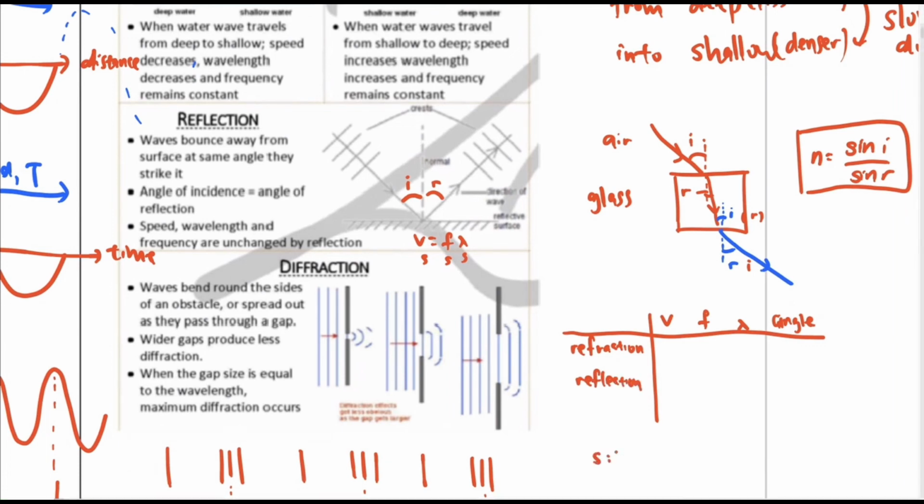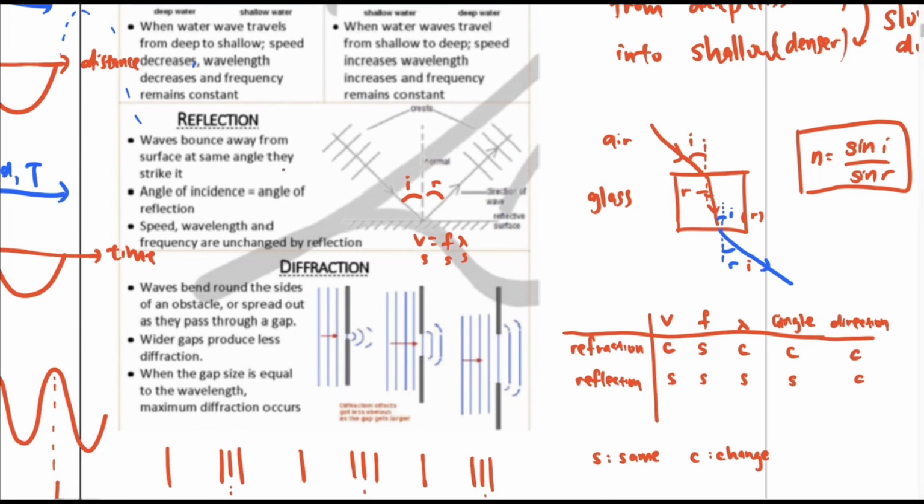So S stands for same, C stands for change. For refraction: wave speed change, frequency same, lambda change, angle change, direction of wave change. For reflection: same, same, same, same, change.